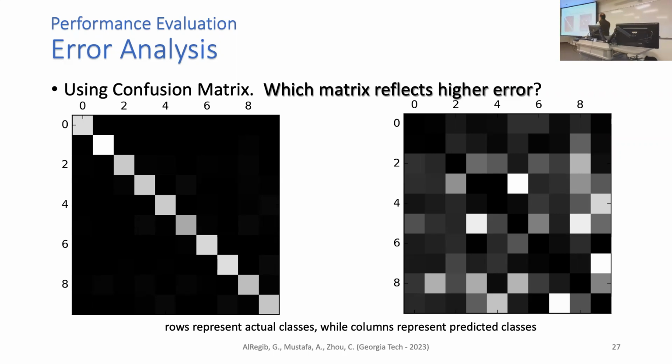Yes, so the Y basically is the error. I flipped these. Basically, if it's very, very dark, right, it's 0, that means I'm predicting this correctly. If it's 1, if it's white, that means I'm doing this incorrectly, right? So basically it means I'm doing a very good job predicting the 0 as 0, the 1 as a 1, maybe the 2 and the 2 as well, 3 and 3, right, 4 and 4.